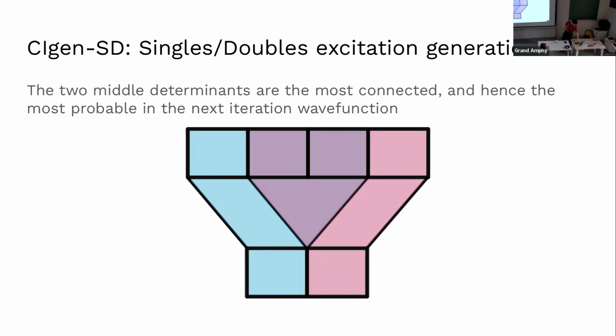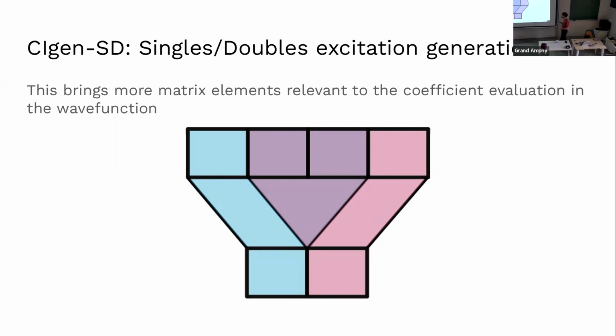So the thing is that when we are using Monte Carlo approaches, we generate a subspace of the single and double substituted space, which means that we can miss matrix elements needed to correctly evaluate the coefficients associated with those determinants at the diagonalization step.